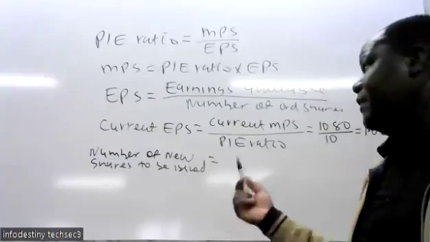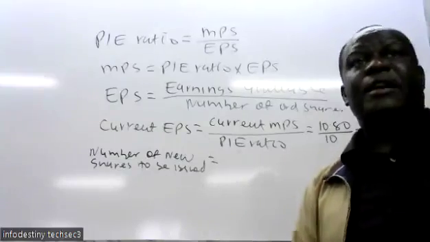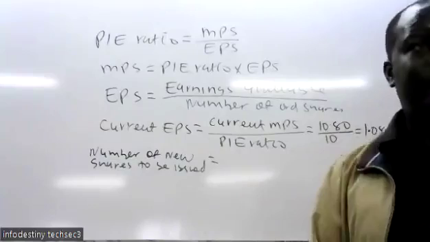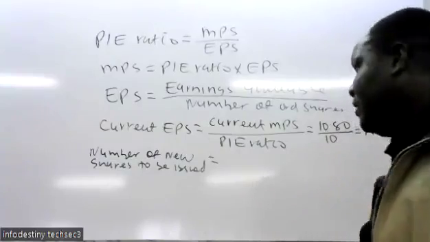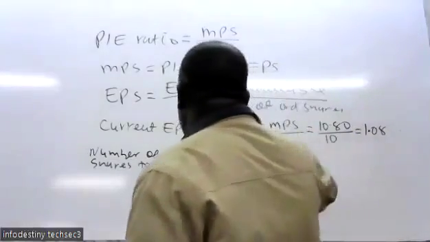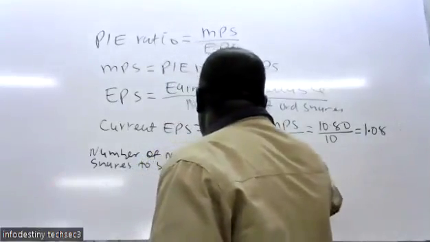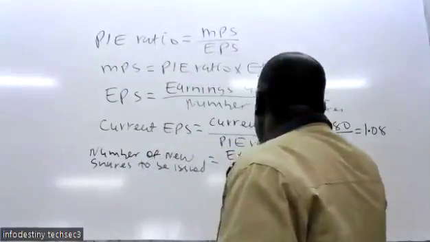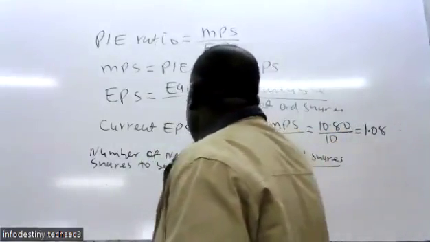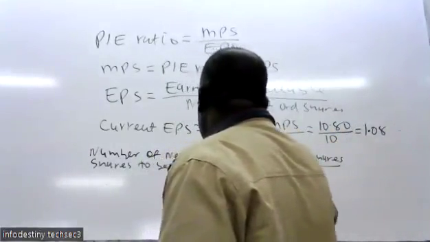So we make the new shares to be issued the subject: existing ordinary shares divided by the number of the rights.